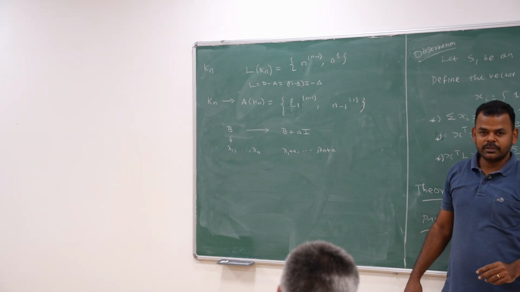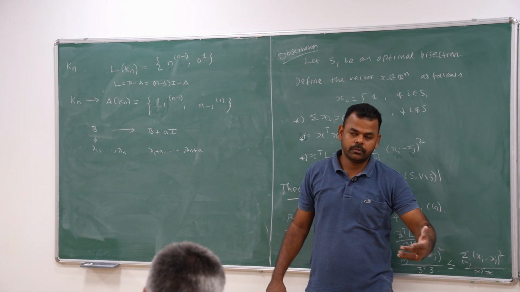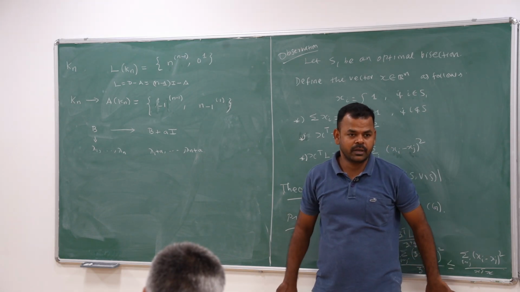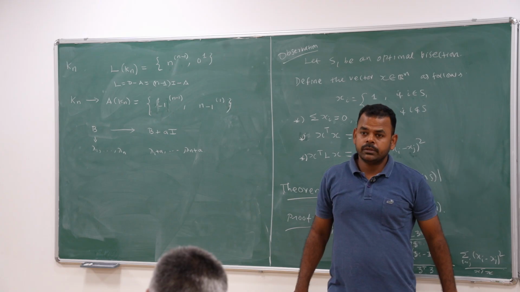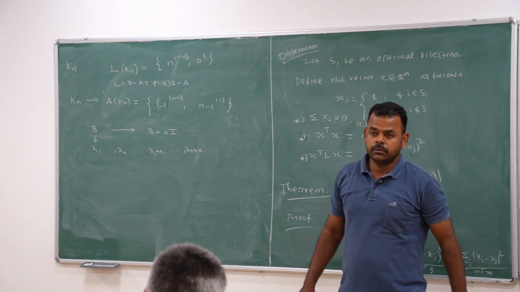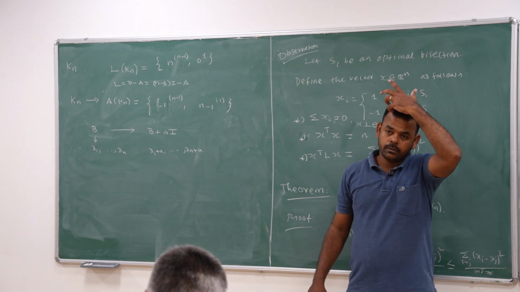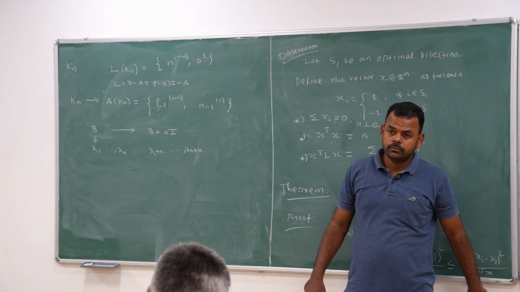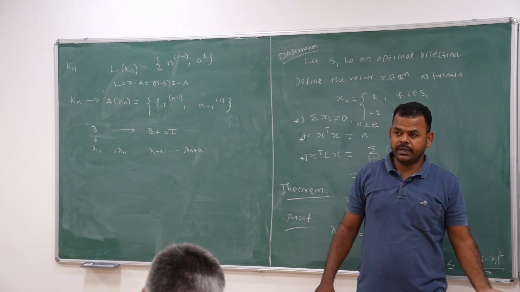Can you give me some suggestion? The proof is really simple. Maybe if you are seeing it for the first time, you have to work a bit. The sum of the eigenvalues is... Yes, you can say that.